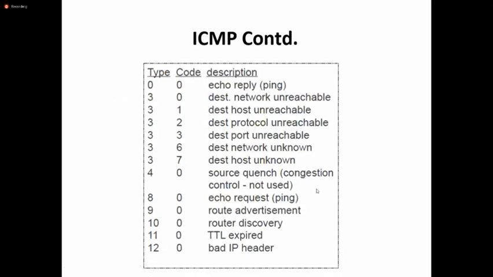So these are the types of errors and the codes. This code will be sent with the ICMP packet if there is any kind of error. This kind of error will be sent in the packet through a code, not the description. So this is a standard. There is a standard description for every code.